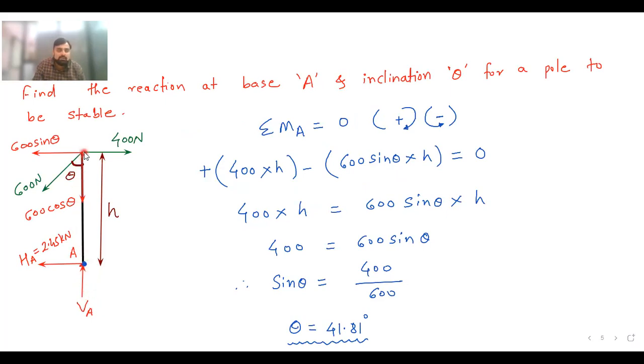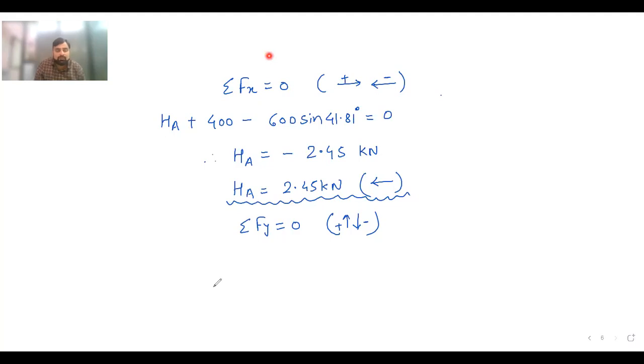Then this force 600 cos theta is moving downward. There is no other force which contributes to Fy, so only these two forces are there. So I will write plus VA minus 600 cos of 41.81 degree is equal to 0. Therefore, after solving this, we will get the value of VA.